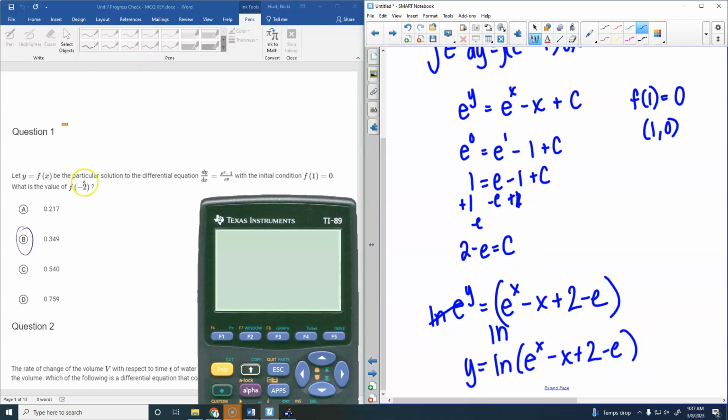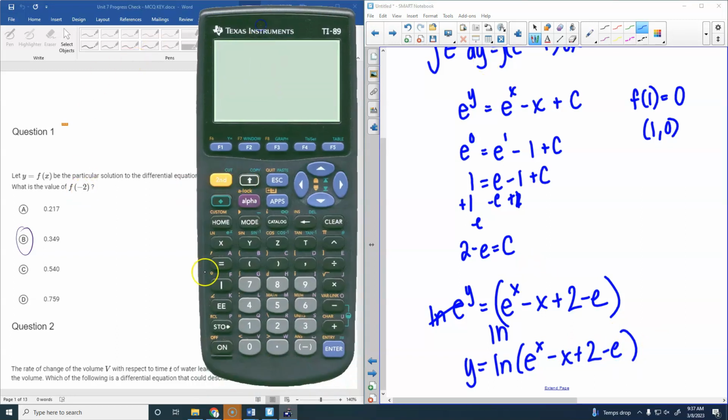And so if you want f of negative 2, you are just going to do natural log of e to the negative 2 minus negative 2 plus 2 minus e, and let's hit the green button before we hit enter there.